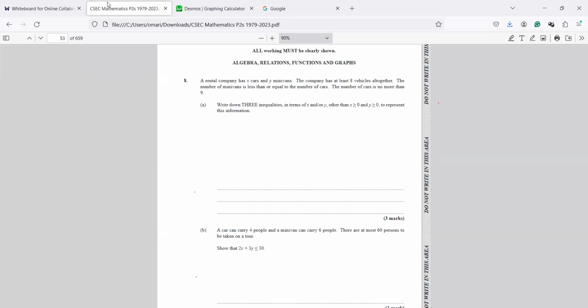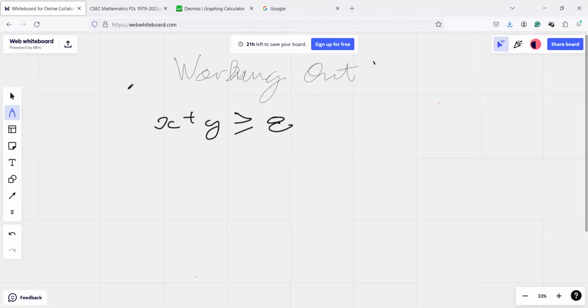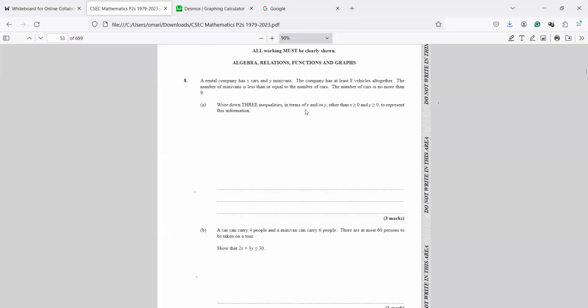Next part says the number of minivans is less than or equal to the number of cars. Y was minivans, and it is less than or equal to the number of cars. So our second one is Y is less than or equal to X. And then the third one says the number of cars is no more than 9.